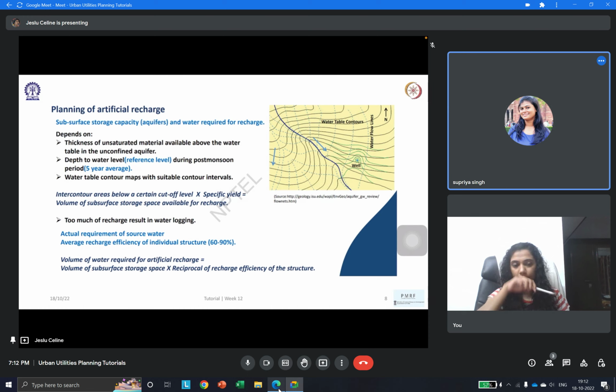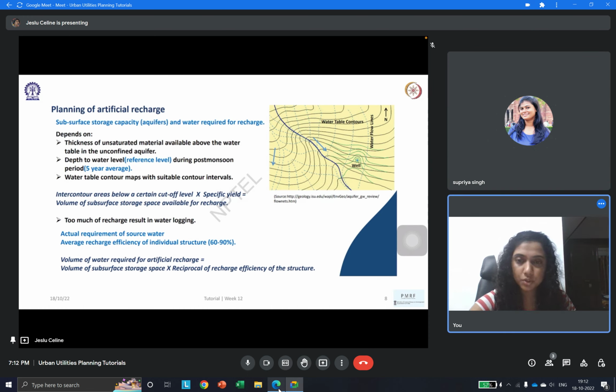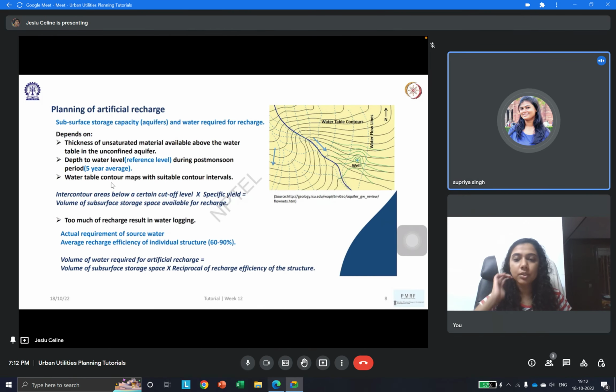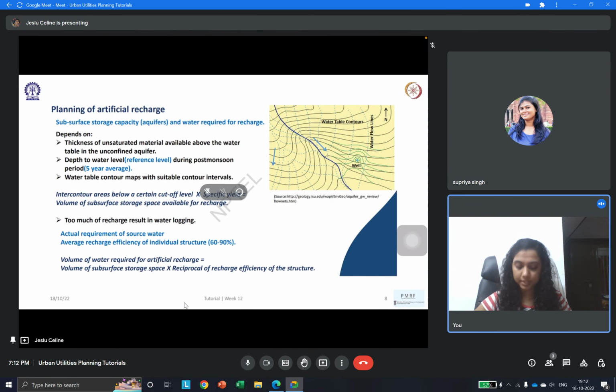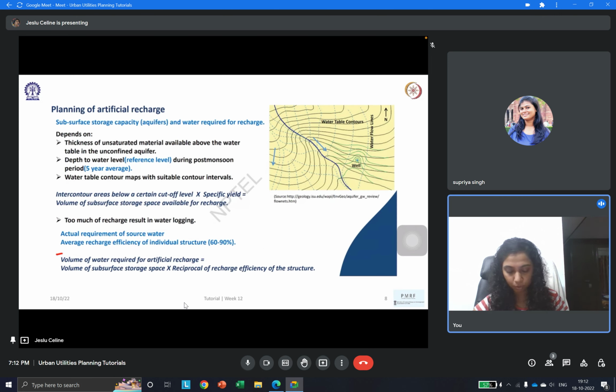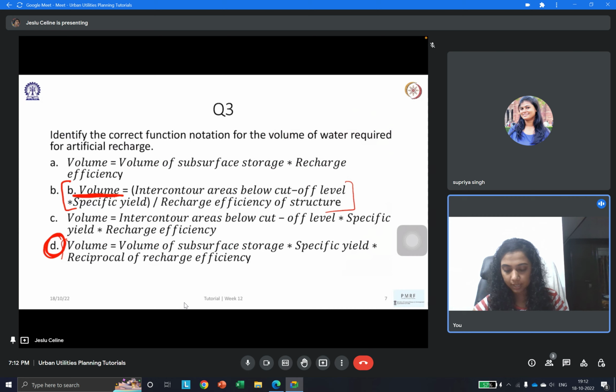Just give me a second, because I think there is some error in this question. Even after seeing this slide, I'm also feeling so. This is the answer which I thought was correct, that is volume of water required for artificial recharge. It is this one, which will come up to option D. But I think in the previous solution the answer given is B, which I just saw right now.